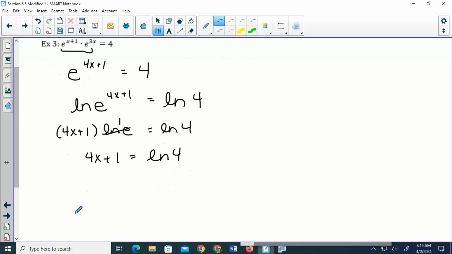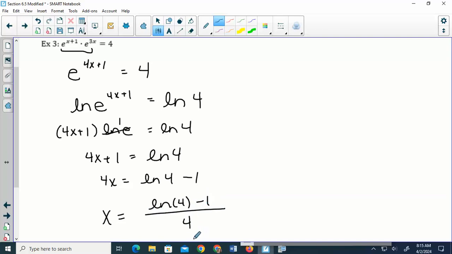So then we would subtract our 1, and we have the natural log of 4 minus 1 all over 4.